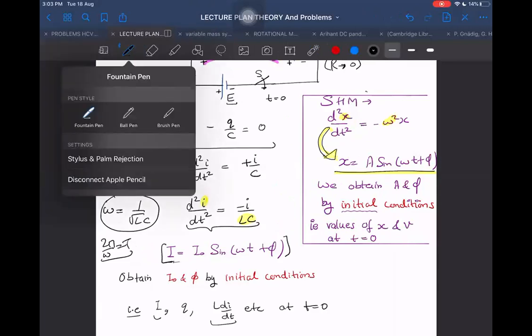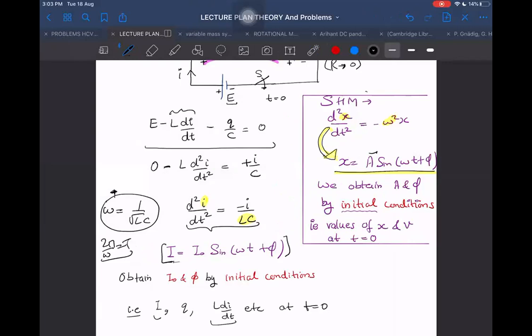Next, how do we obtain the amplitude of oscillation and the phase? By initial conditions. What do we mean by initial conditions? By putting the values of x and v at t equal to 0. For example, if the spring mass system started oscillating after being brought to the extreme position and released, in the extreme position the velocity is 0.